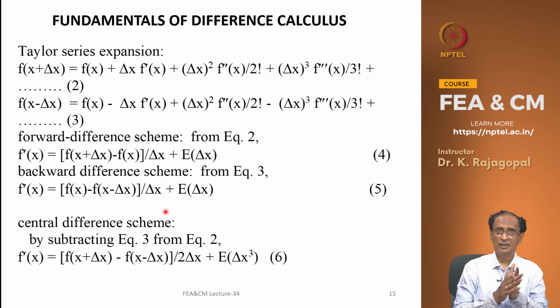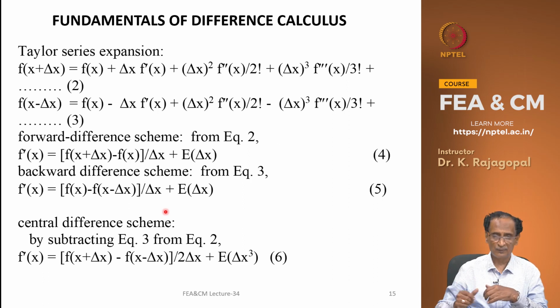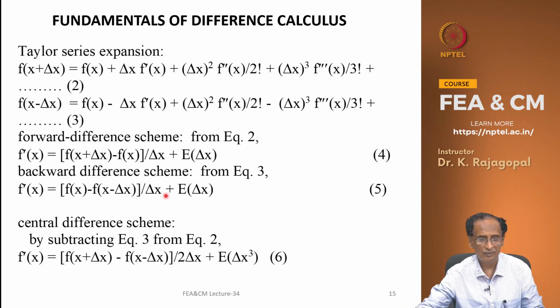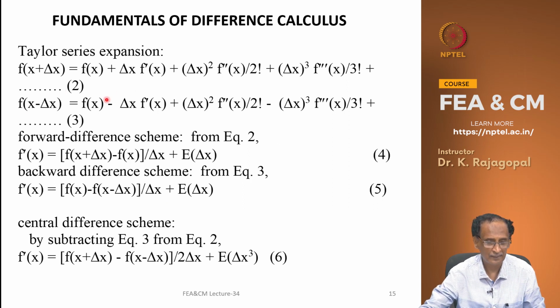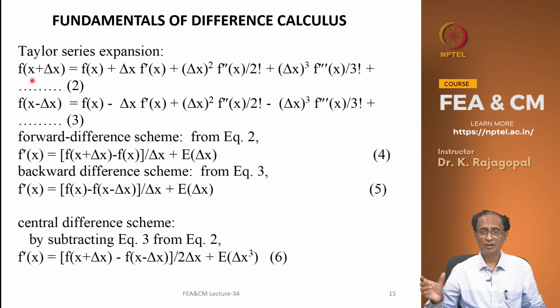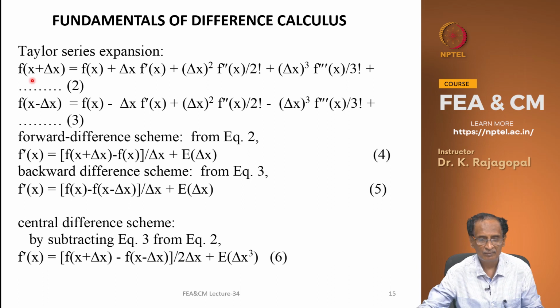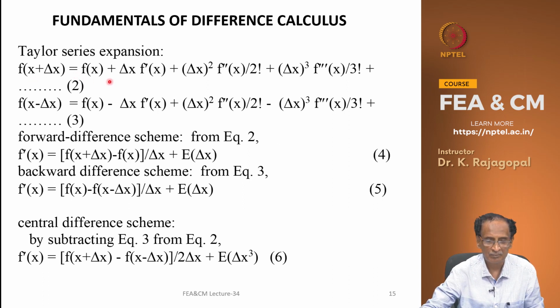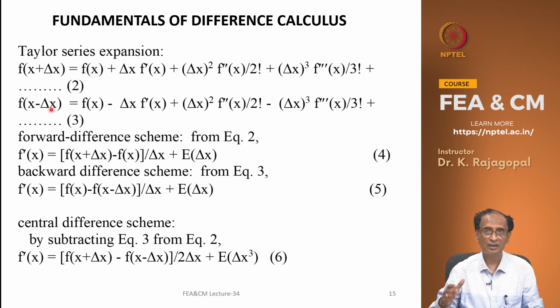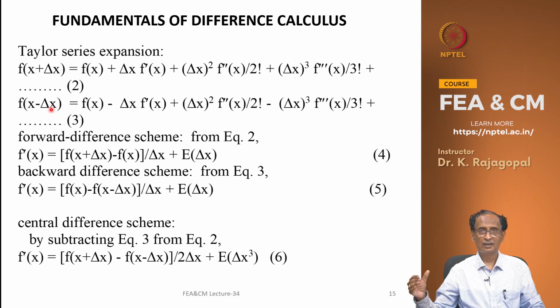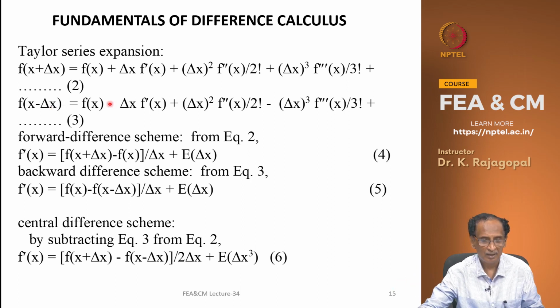And we can convert our given equations into a simpler form by using the difference equations. Here we see the Taylor series expansion of any function f of x around a small variation delta x. It is f of x plus delta x is f of x plus delta x times f prime x plus delta x square f double prime and so on, and f of x minus delta x, like you can either add delta x or subtract delta x, and then these are the Taylor series expansions.